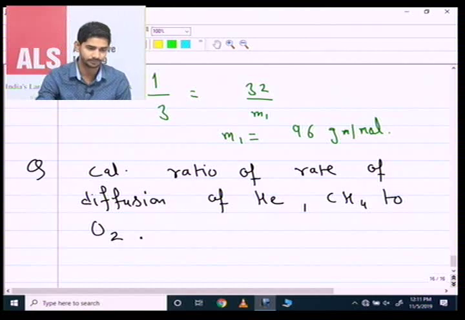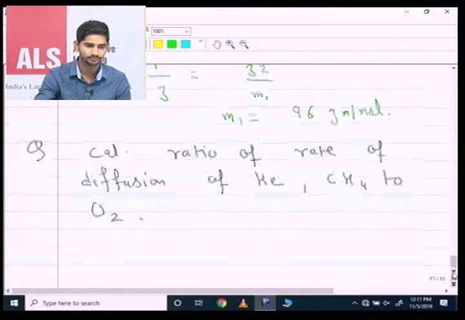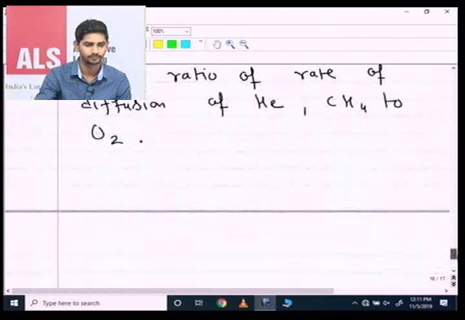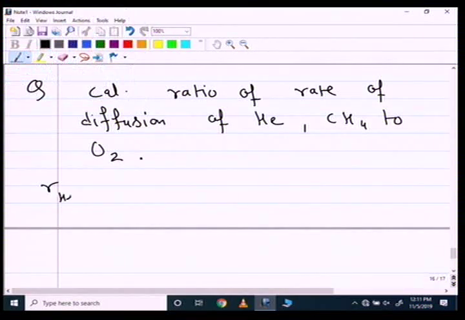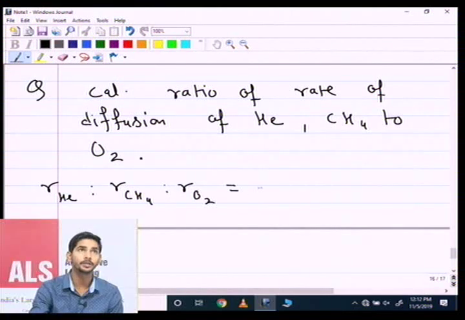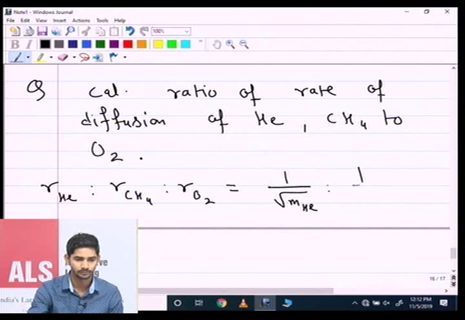Okay, let me do this question. See, ratio of rate of helium to CH4 to O2 should be equal to 1 upon under the root molar mass of helium is to 1 upon under the root molar mass of CH4 is to 1 upon under the root molar mass of O2.